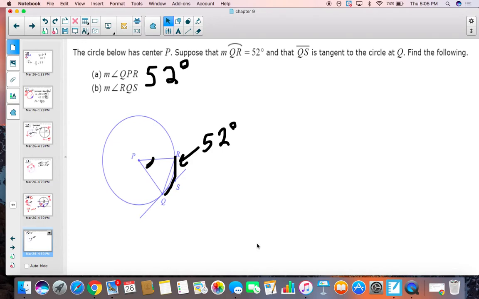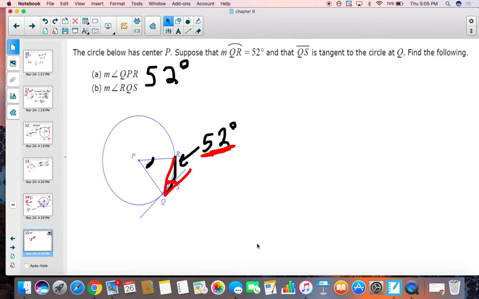And then it's saying find RQS. Like I said, it's going to get small here. We want to find this angle right in there. Well, we have our chord, we have our tangent, and we know that the arc that it intercepts has an arc angle of 52 degrees.